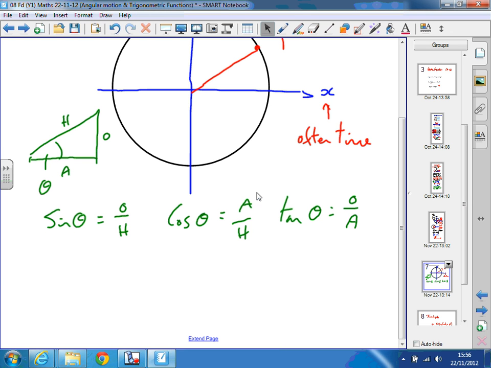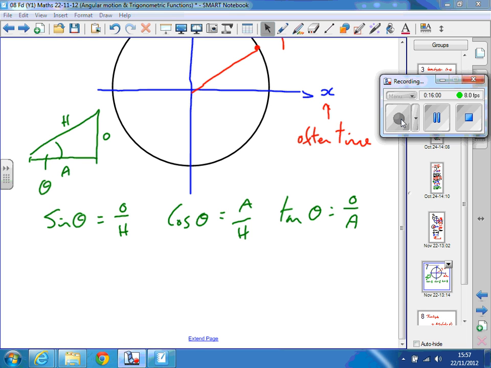So if we try a few values now in our calculator, we can see how it works. So in your calculator, make sure you're in radians. To go to radians on the usual calculator, hit shift mode, and then it gives you an option to hit number 4, I think it is, for radians.